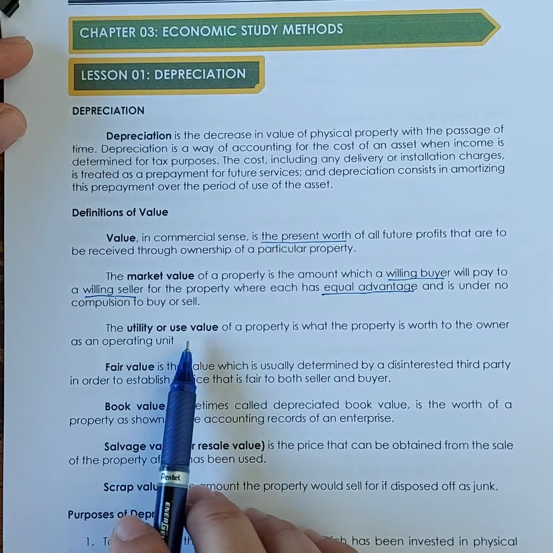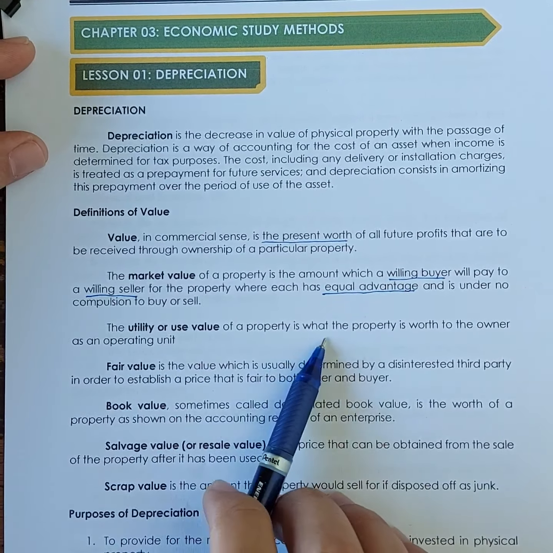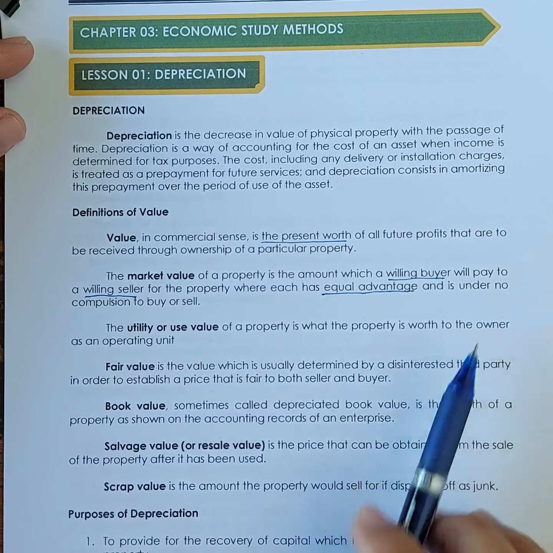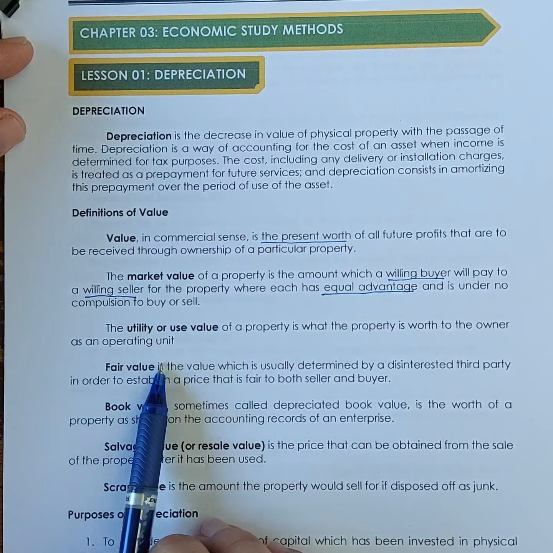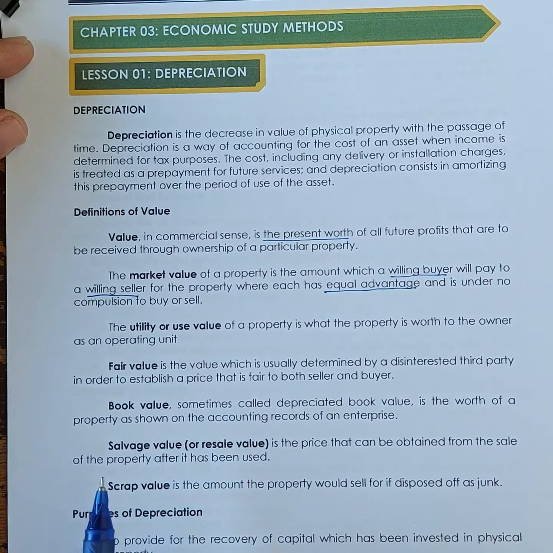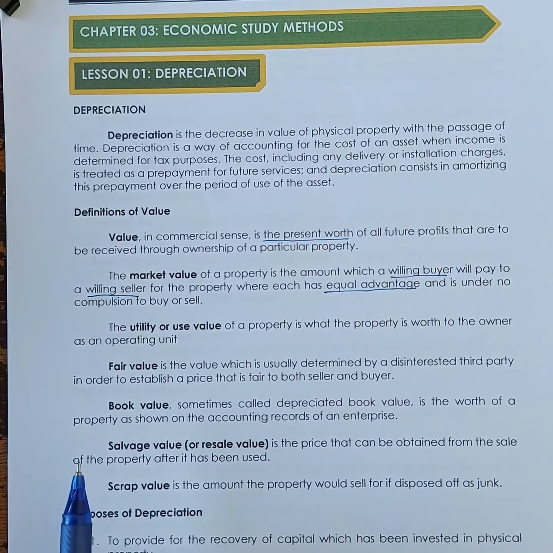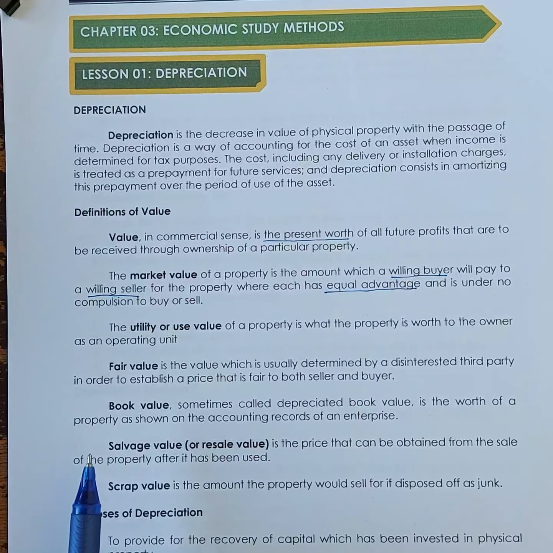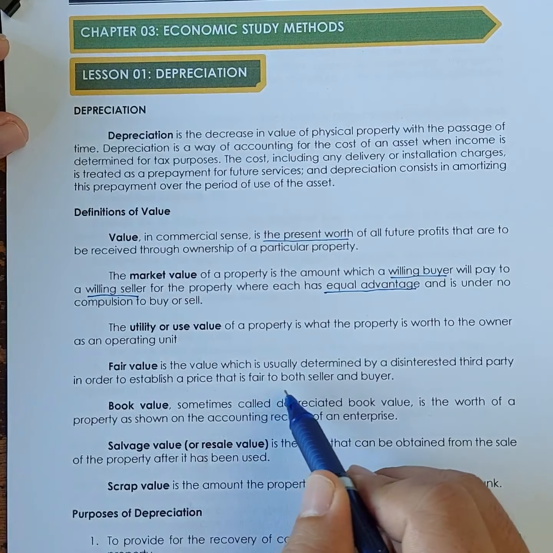The utility or use value of a property is what the property is worth to the owner as an operating unit. Okay. Fair value is the value which is usually determined by a disinterested third party in order to establish a price that is fair to both seller and buyer.